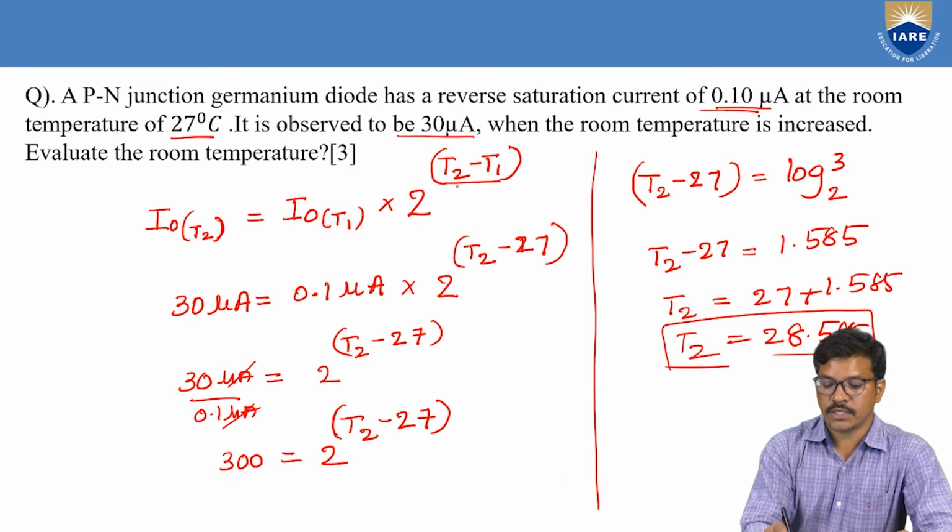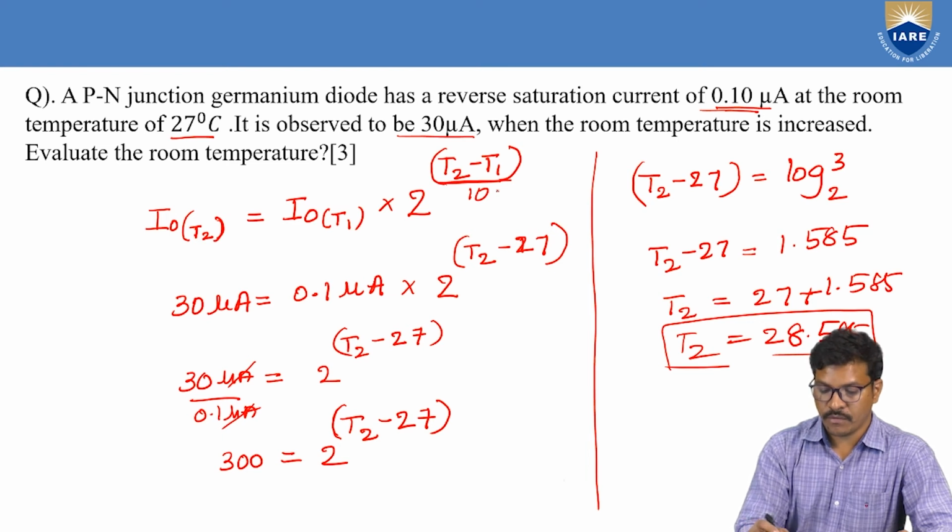So here it is actually T2 minus T1 divided by 10.